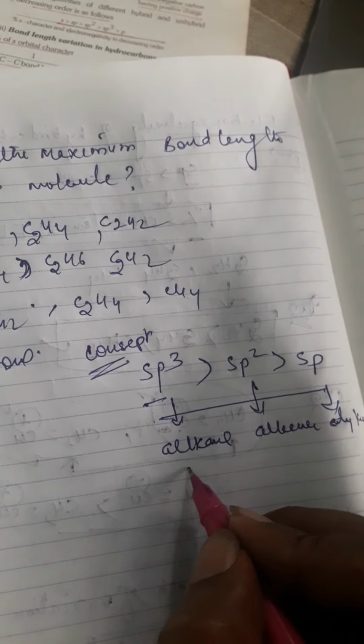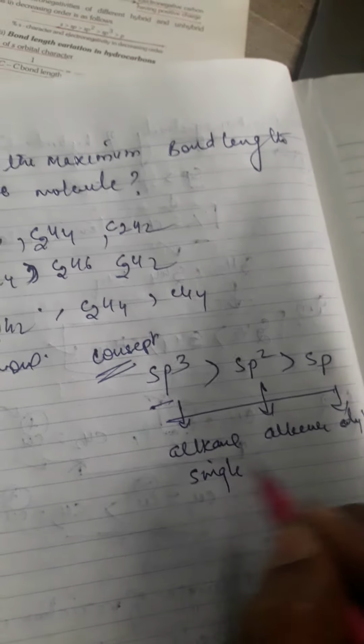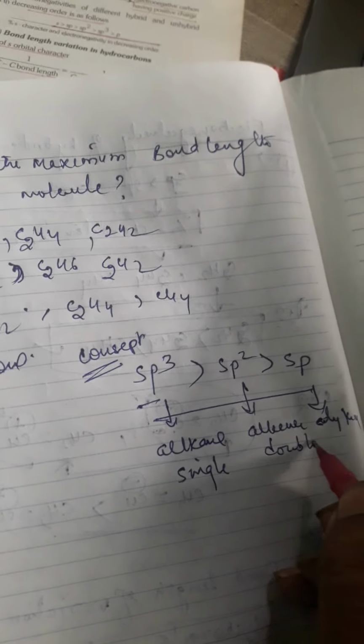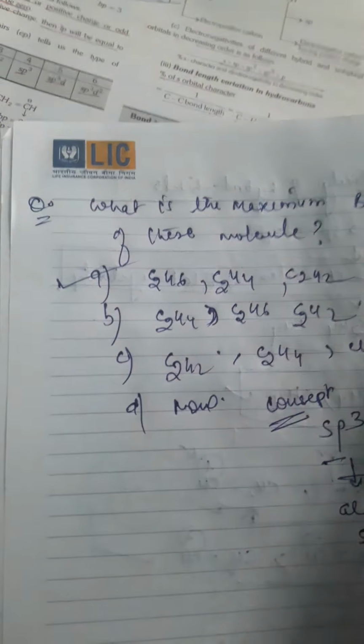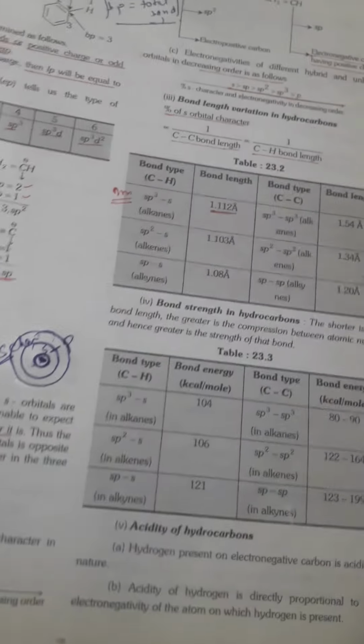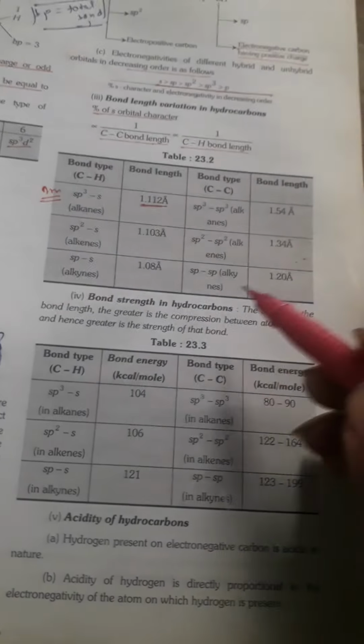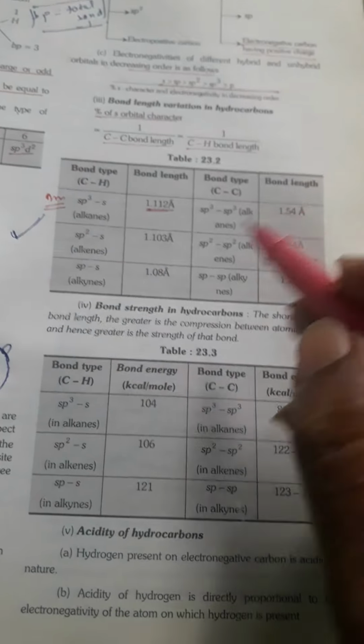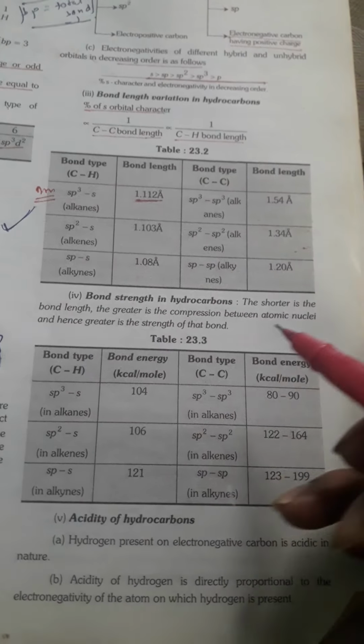This is the single bond, this is the double bond, this is the triple bond. Understand? So you can easily write it down, and you can correct the first one. This type of question can arise from this paragraph. I have mentioned here that you can also read this paragraph. After that comes bond strength in hydrocarbons.